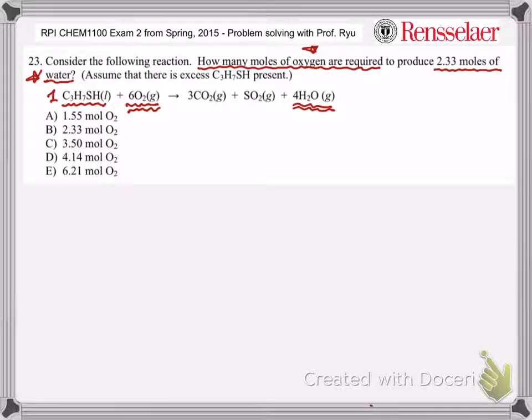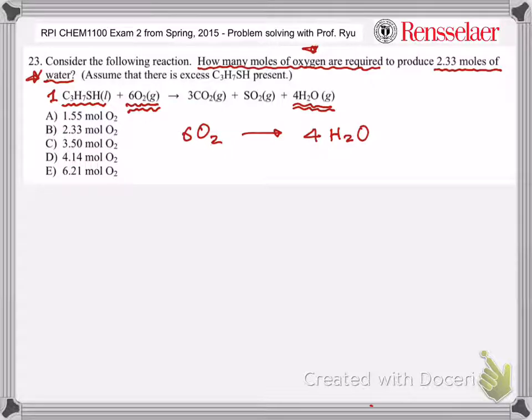So what that means, just focusing on this, is 6 moles of O2 will produce 4 moles of H2O. 6 molecules of O2 will react with the other compound to produce 4 molecules of H2O. We can also multiply by Avogadro's number.